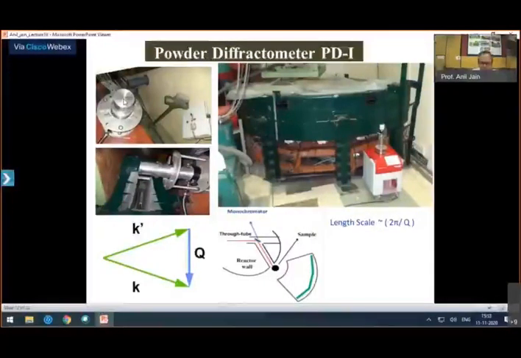For a neutron powder diffraction experiment, we have vanadium cans of different sizes, something like 6 millimeter, 8 millimeter, and the typical length of these cans is something like 4 to 5 centimeter. I don't know whether you can see it, but these are this kind of cylinder. In this cylinder you fill your powder material.